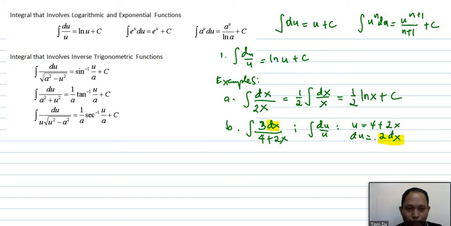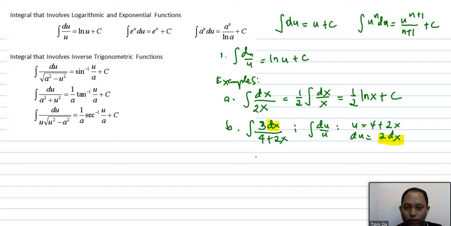So the only difference is this number 2. With the presence of number 2, this one is dx, and then this one is 2 dx. So again, we can make use of this formula if the difference is only a number or the sign, negative or positive.